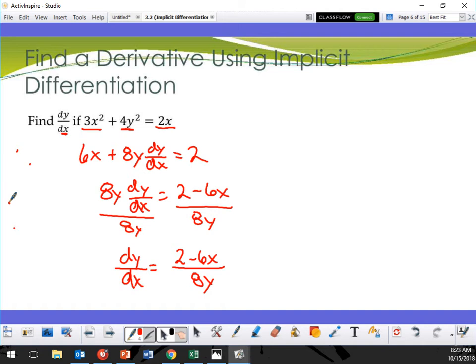By doing that, that's just going to give me 1 minus 3x over 4y. Yes? No? Maybe? Okay, good.